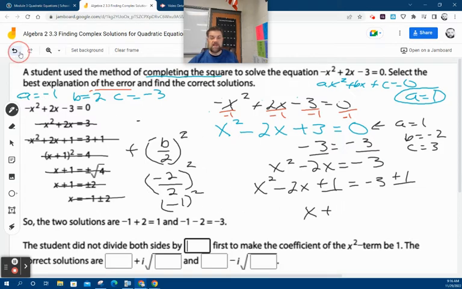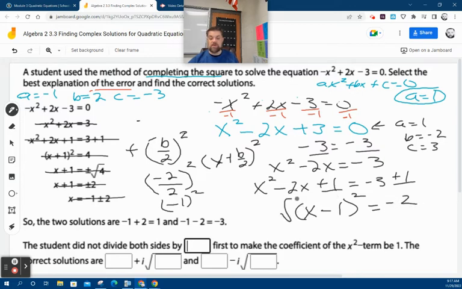Oops, so it should be negative 1. So this will be x minus 1 squared. Remember, the next step, you're going to have x plus b over 2 squared. Okay? And so b over 2 is negative 2 over 2, which reduces down to negative 1, except we put it on the inside and we don't square it. And that's equal to negative 2.